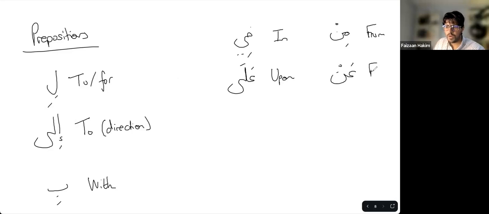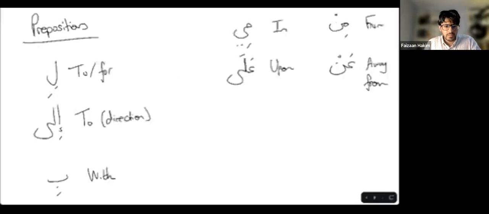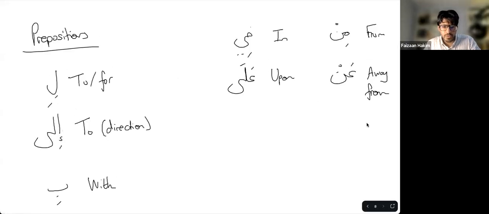An also means from, but it means away from. It's not just coming out from, but also going away from it. Away from. And I'll also just give you ma'a, very important.